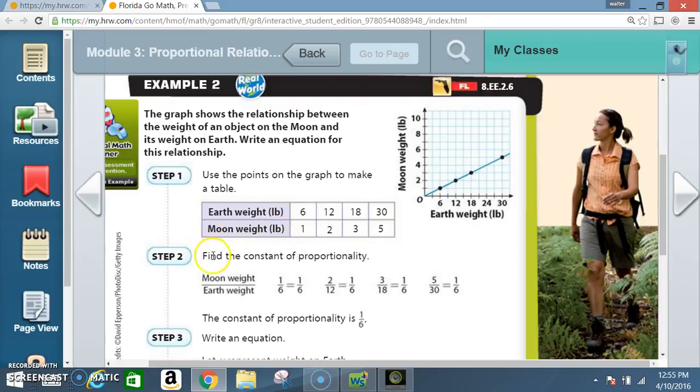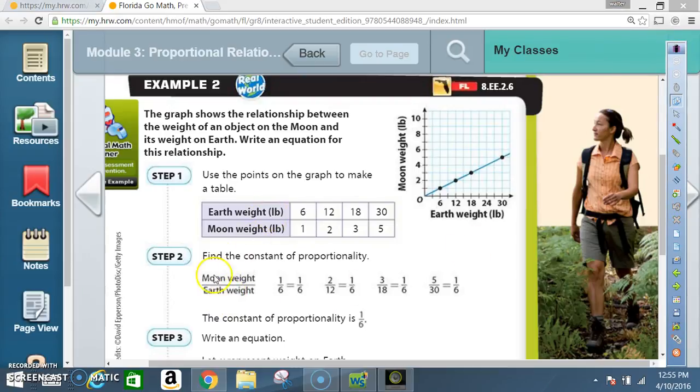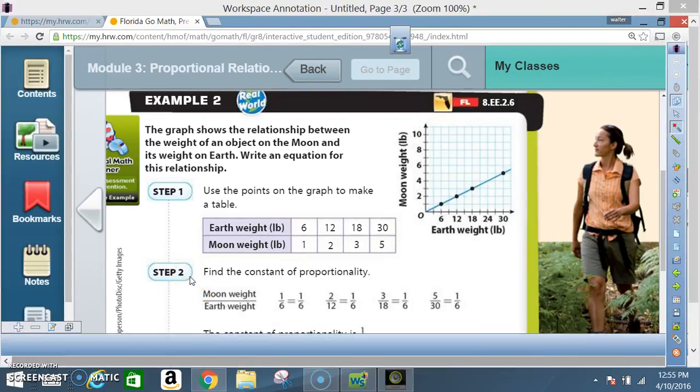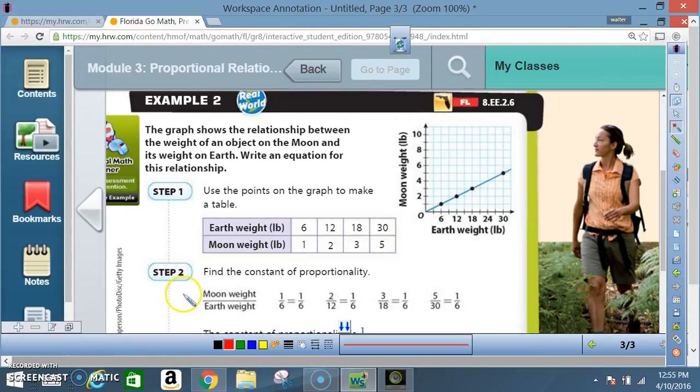Step 2. Find the constant of proportionality. The moon weight, which is the y value, is divided by the x value, just like in example 1, y over x.